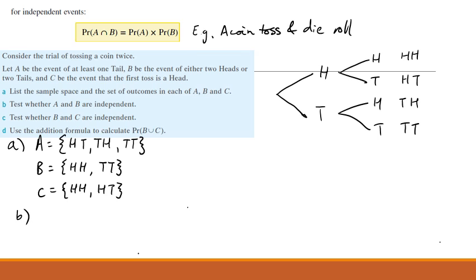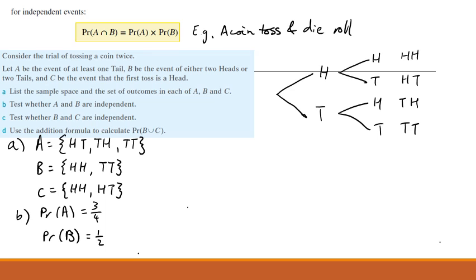Four. So the probability of A, which has 3 of these outcomes, is 3/4. The probability of B is 1/2, because there are 2 out of 4.